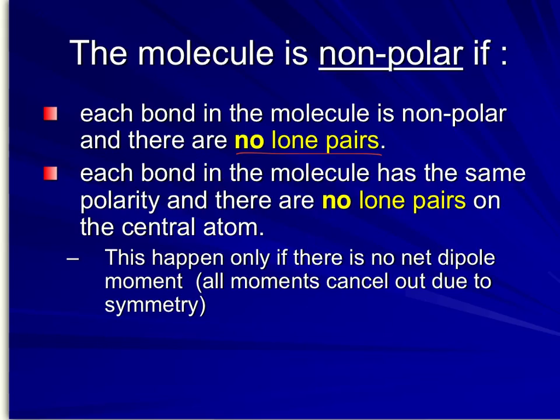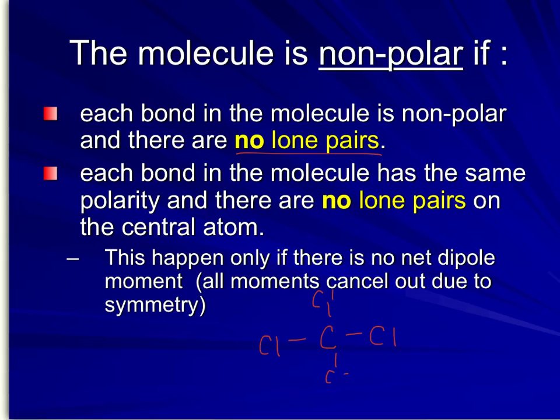If each bond in the molecule has the exact same polarity, say you realize that you have a 1.2 difference in all of your bonds, but all of the bonds are attached to the central atom. Say something like carbon and chlorine, carbon tetrachloride.